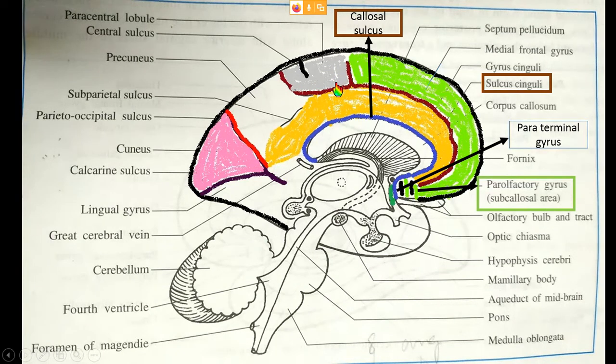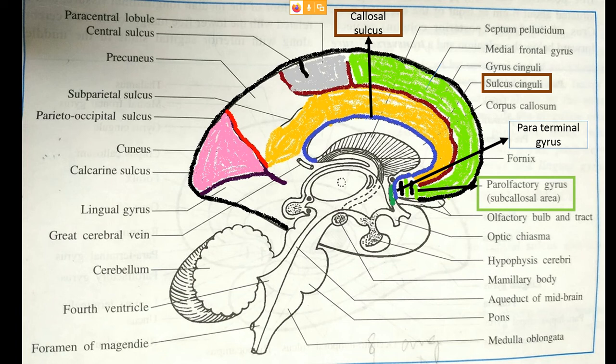The posterior end, which extends upwards and reaches the superomedial border just behind the central sulcus, is called the paracentral lobule. Anterior to this, above the cingulate sulcus, this green color area is called the medial frontal gyrus. These are the structures you have to remember.